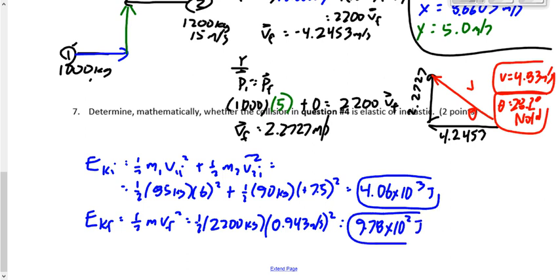To 3 digits, 9.78 times 10 to the 2 joules. So we would say clearly kinetic energy was lost, 4,000 down to 978. Therefore, it would be inelastic.